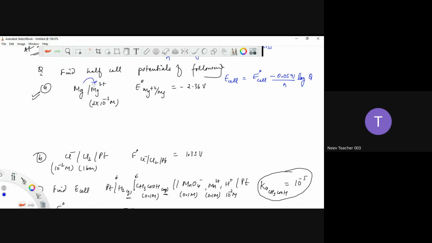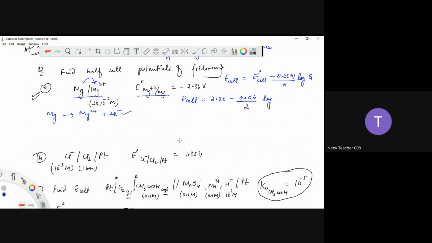From magnesium to magnesium 2 plus, it will give 2 electrons. Correct? Now E cell will be E naught cell. This is oxidation, so you need to take the oxidation potential, but the reduction potential is given to you. It changes into oxidation potential, so you just make it positive. So 2.36 minus, then I take 0.06 instead of 0.0591, and the number of electrons is 2, so put 2 over here.